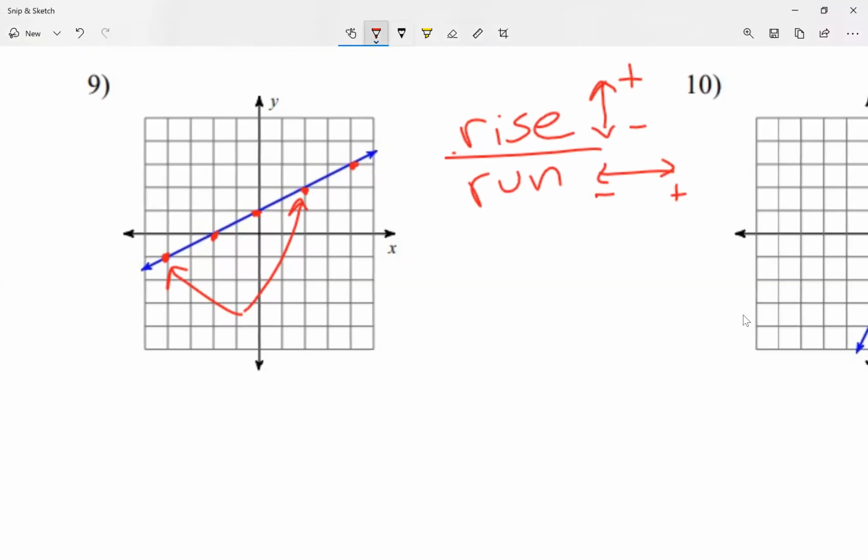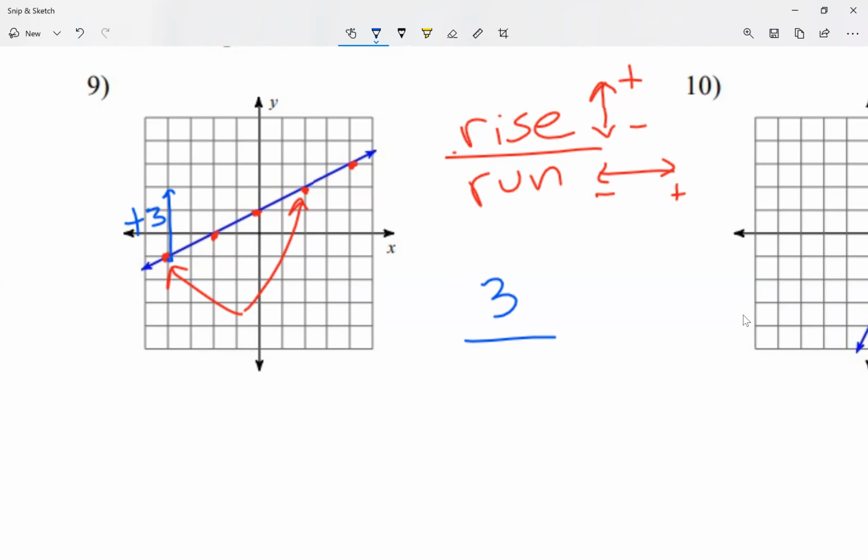All right, so let's take a look at my points. Again, I'm going to travel from one point to the other. So first of all, from the 2 points that I choose, I like to start from the one that is farthest left from the 2. Now, traveling from one point to the other, it seems like I'm going to move up 3. So let me write positive 3, right? I went up 3. So my fraction, I'm going to write a positive 3.